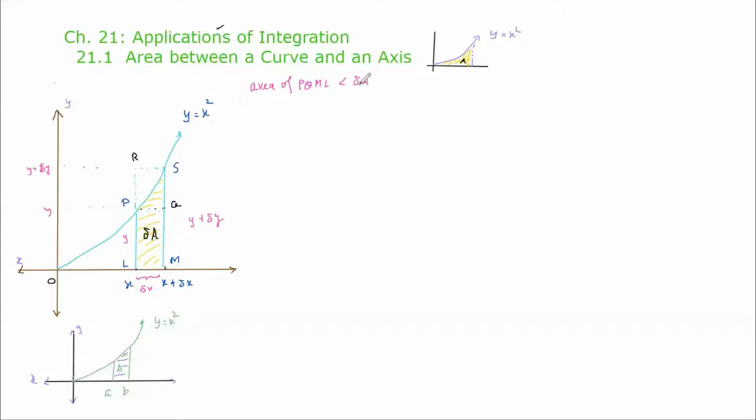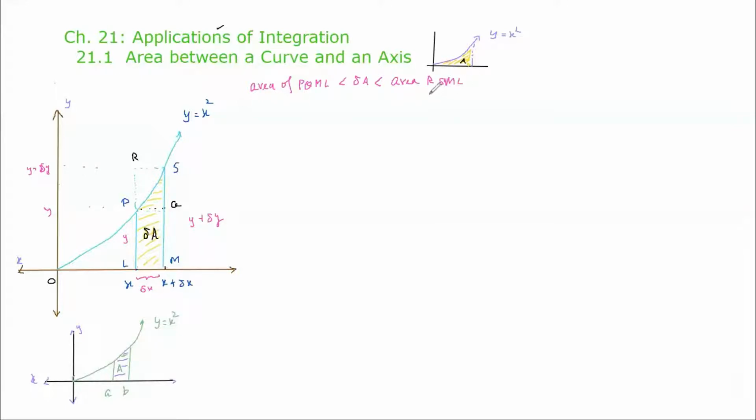And then the yellow area here, delta A, is also less than the area of RSML.